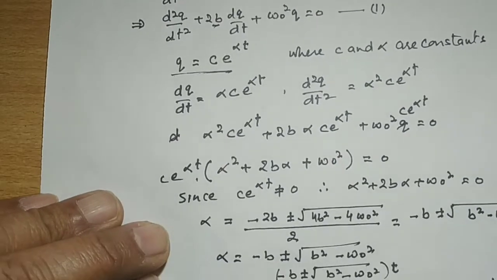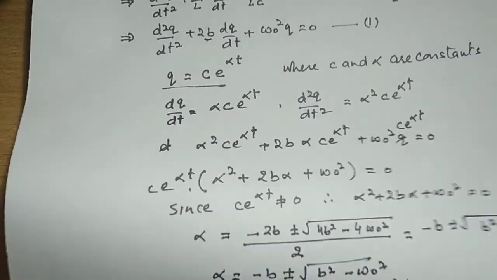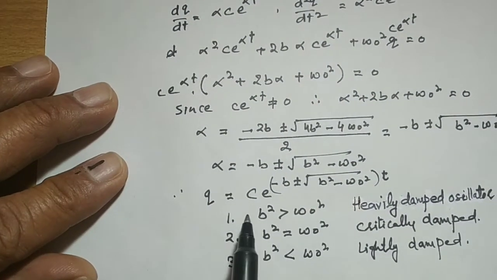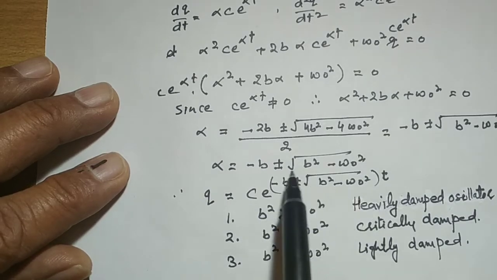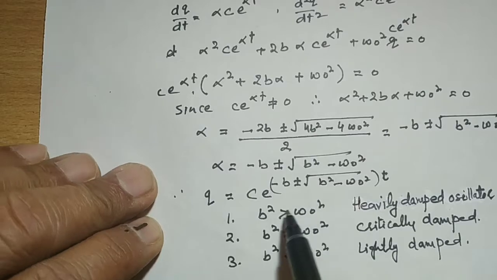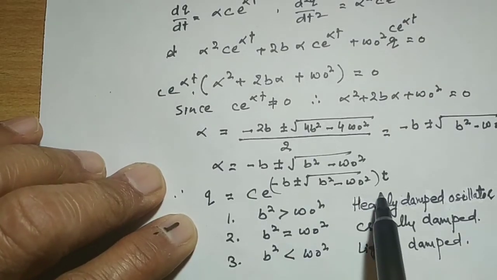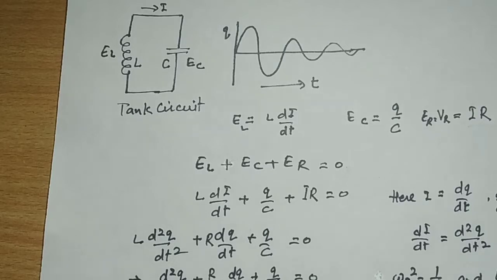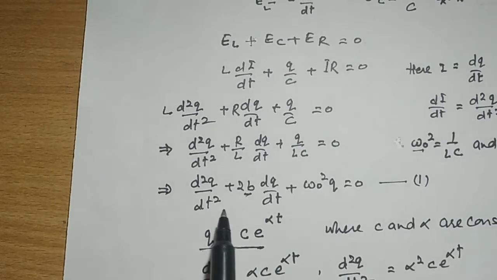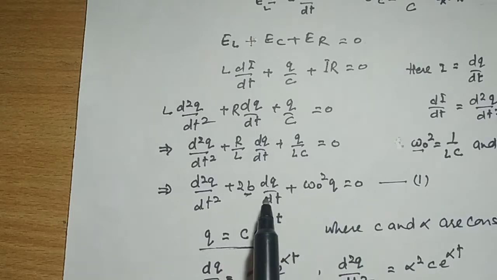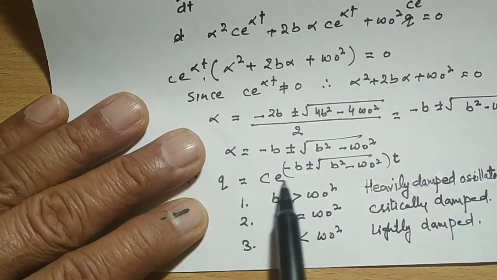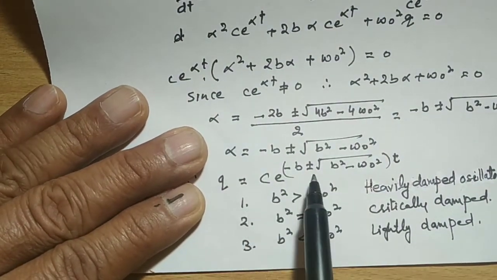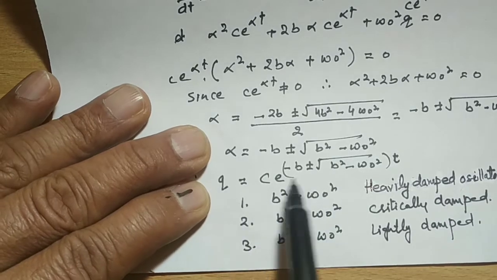So q is equal to C e to the power of alpha into t. This is now the solution of the differential equation, equation number 1. This is the linear differential equation of the electrical damped oscillator, and this is the solution. That means the variation of charge in the circuit will be shown by this equation.